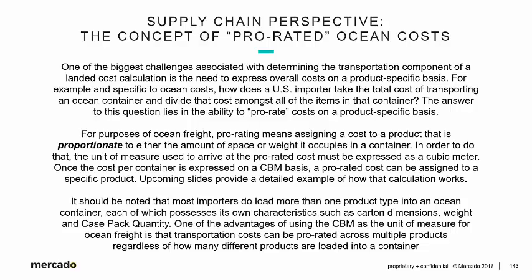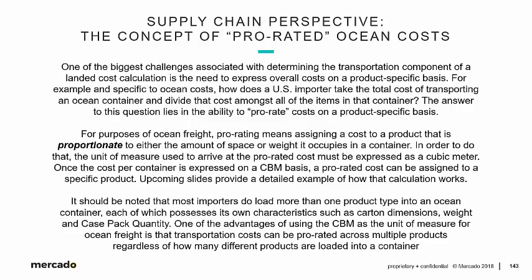For purposes of ocean freight, prorating means assigning a cost to a product that is proportionate to either the amount of space or weight it occupies in a container. In order to do that, the unit of measure used to arrive at the prorated cost must be expressed as a cubic meter. This is super important. The unit of measure for ocean freight, in the end, for calculating landed cost, is a cubic meter.